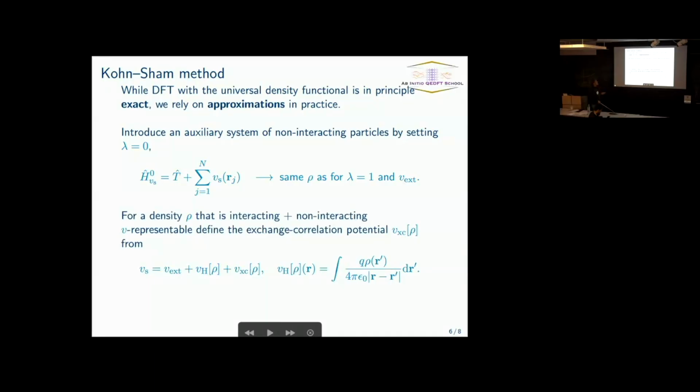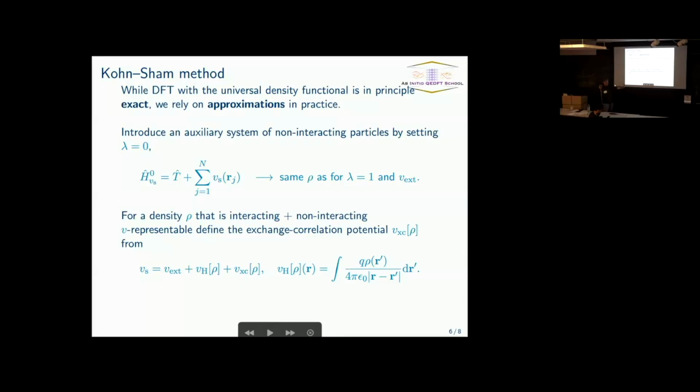So now take a density that is interacting and non-interacting V representable. So we assume that the density is such that I can find a V and a Vs, such that putting the V into an interacting system, I get rho, and putting the different Vs in a non-interacting system, I get the same rho. This is always the idea behind Kohn-Sham.